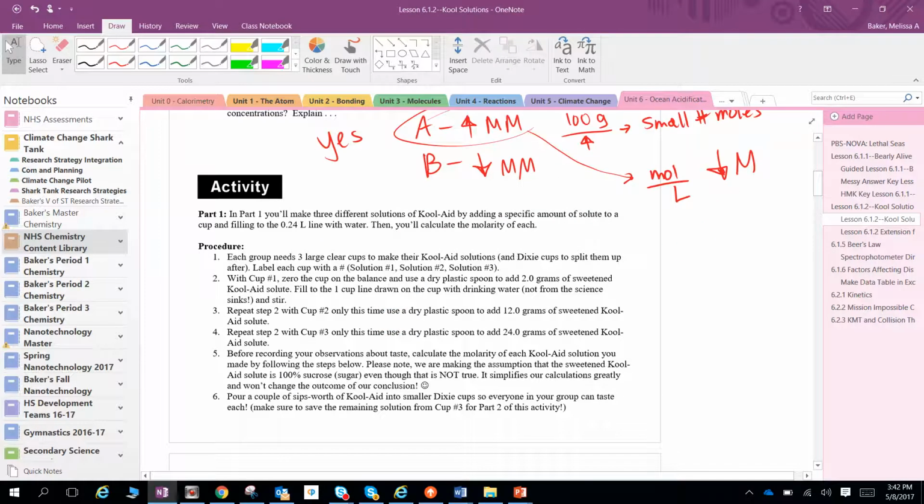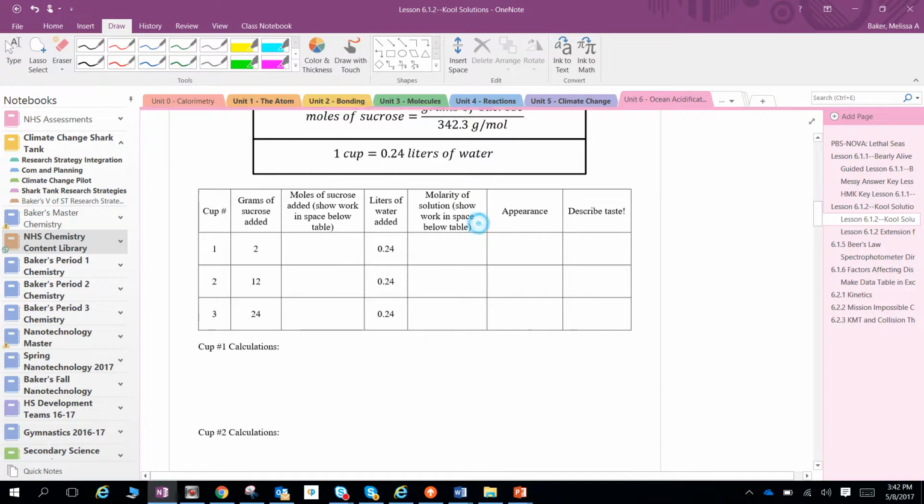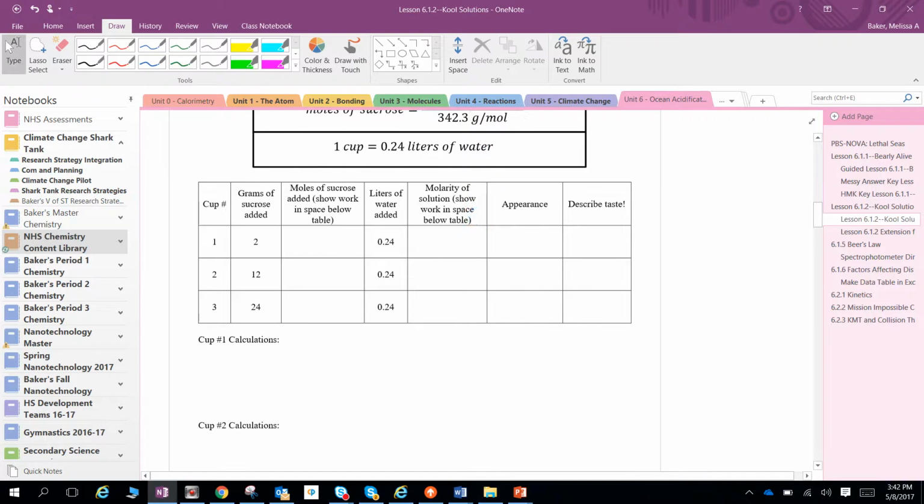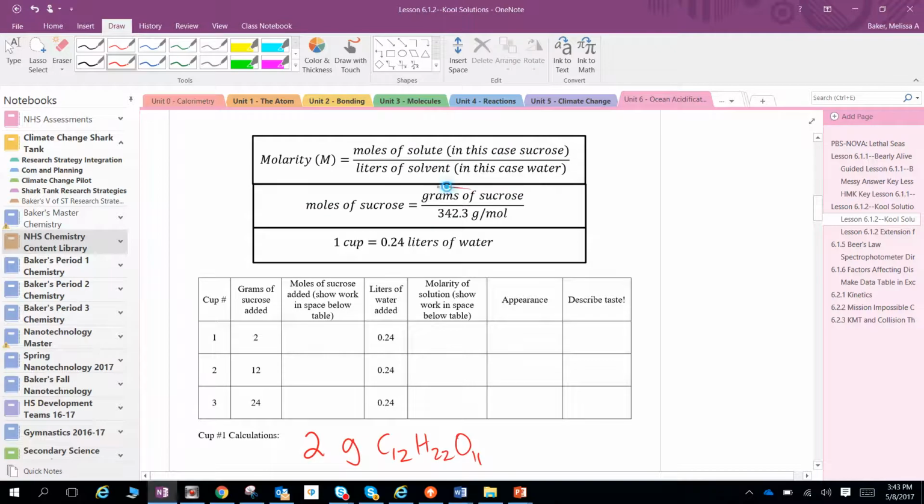So in class what we did was we made 3 different solutions of Kool-Aid. Sorry you missed getting to drink some Kool-Aid. And to the first cup we added 2 grams of the sugar/Kool-Aid flavor substance, and what we did was calculate how many moles is that. Well, 2 grams of sucrose, that's C12H22O11, and I gave this out just to make the lab a little bit easier.